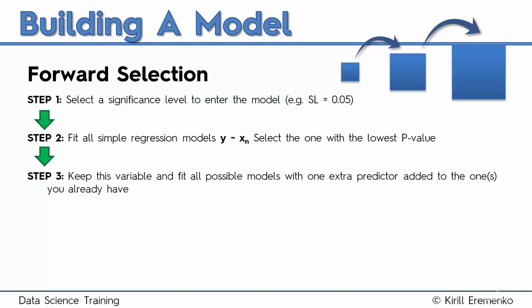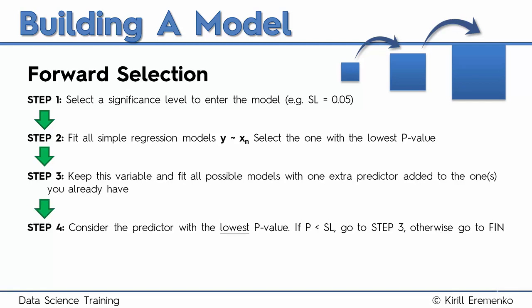So we construct all possible 2 variable linear regressions, and definitely keep the variable that we've already selected. So what do we do after that? Out of all of these possible 2 variable regressions, we consider the one where the new variable that we added had the lowest p-value. If that p-value is less than our significance level, meaning that that variable is a good one, a significant variable, then we move back to step 3.